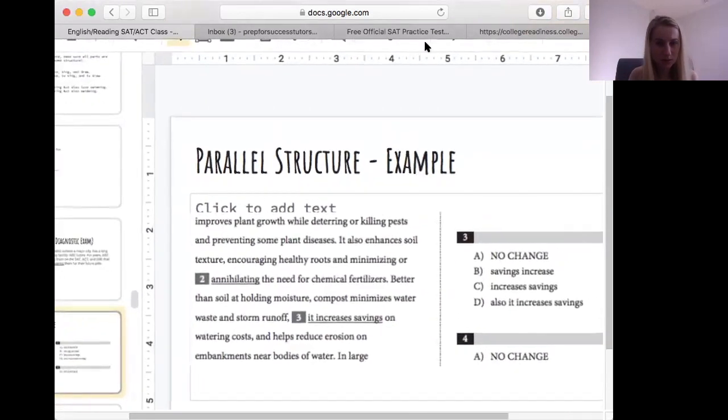Let's give this one a shot. All right, I'll put the poll up. Feel free to let me know what your answers are for this. I just put the poll up. Let me know if you guys can see the poll as well. If you can't see it, let me know. Okay, perfect.